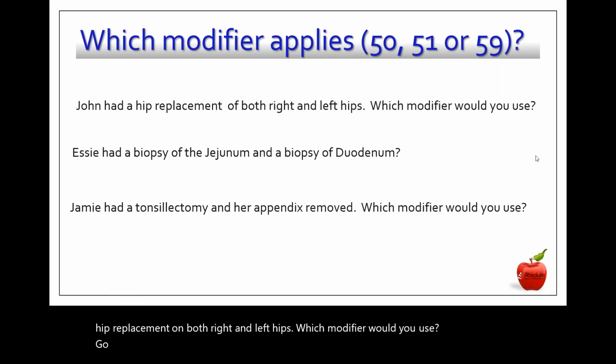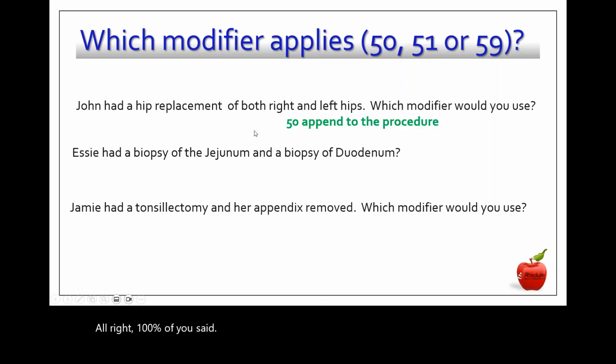Go ahead, type your answer in the chat. All right, 100% of you said modifier 50 is appended to the procedure.